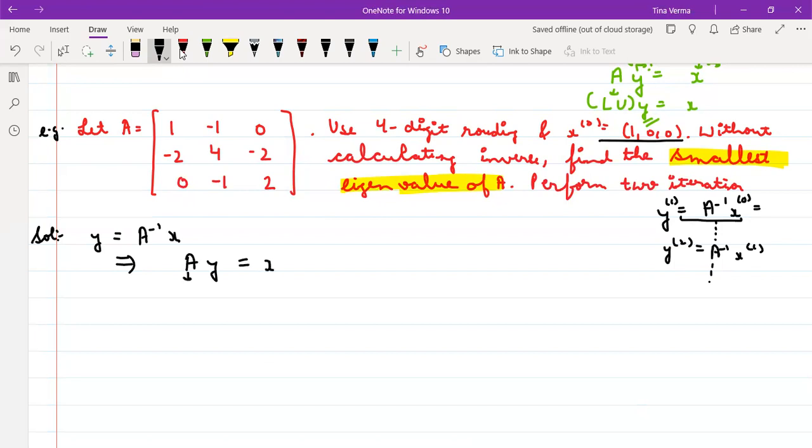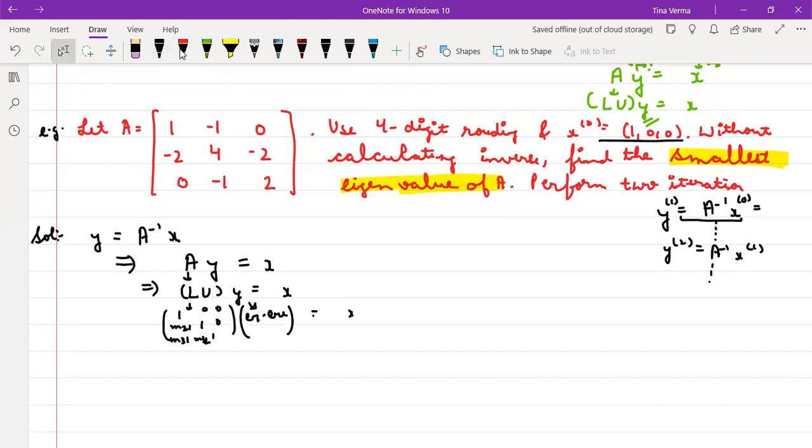We will decompose this matrix into two matrices L and U. If you remember, L is the lower matrix, in which the diagonal elements are 1 and the other elements above are 0, and below you have your first multiplier m21, then m31, and m32. U is your upper matrix, which you obtain by Gauss elimination without pivoting.